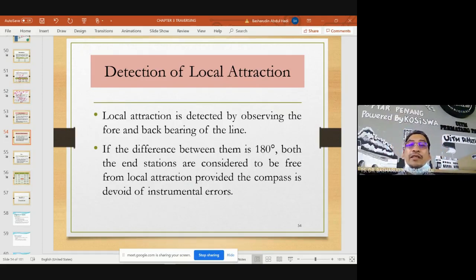Local attraction is detected by observing the fore bearing and back bearing. If the difference is not 180 degrees, it means you have local attraction, whatever the reason, and sometimes it is not local attraction but you misread the compass. So the difference must be 180 degrees, but if it is more or less, it means you have a local attraction. Okay?